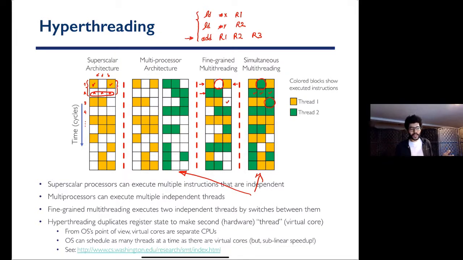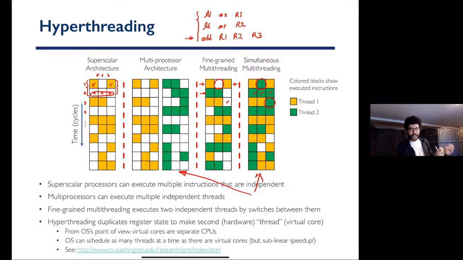It could well be the case that both of the threads have instructions to execute, but the hardware has to choose which thread is going to run at this cycle. In the multiprocessor setting, you don't have that competition. Each thread gets its own resources, so there is no competition. So performance is better when you have multiple cores.